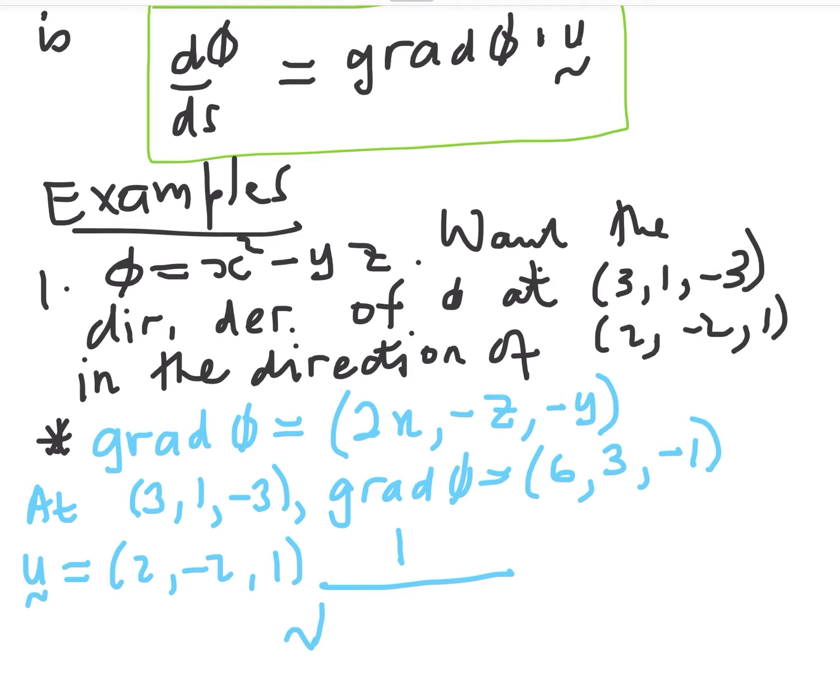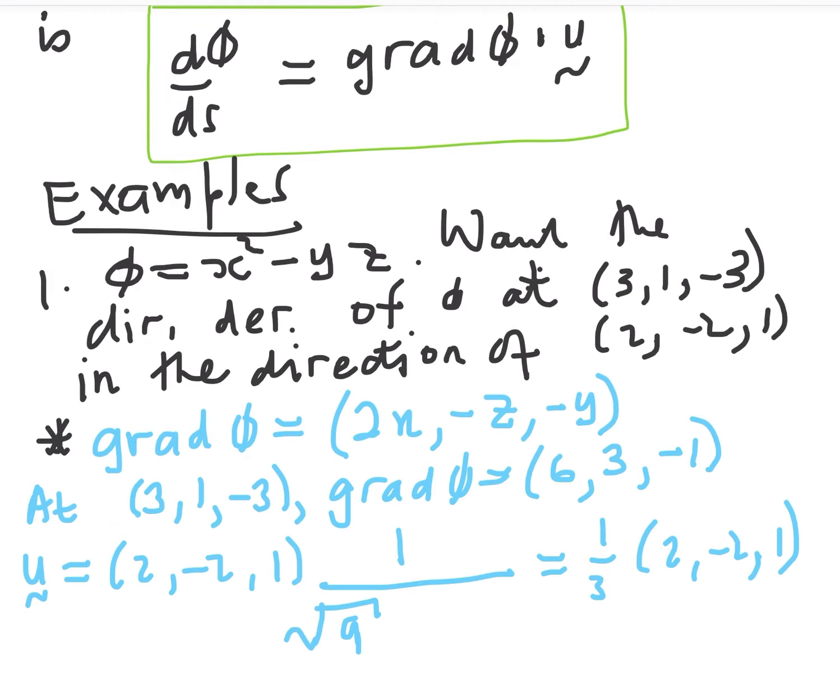So that's 4 plus 4, that's 8, plus 1 is 9. So this will be the square root of 9, that's the magnitude of 2, minus 2, 1. So u is equal to 1/3 of 2, minus 2, 1.